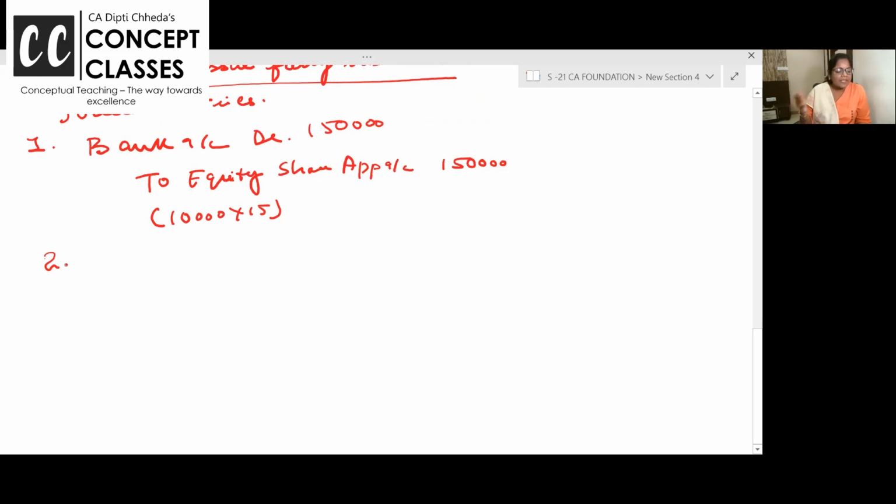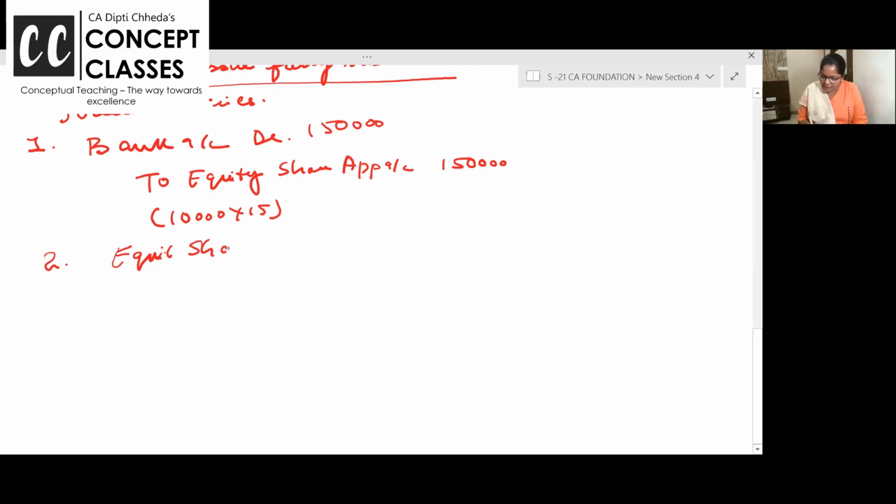Next, it's time now to make the allotment, and the issue is fully subscribed. Sometimes you have to return application money, but this time the issue is fully subscribed, so there's no question of returning the money.